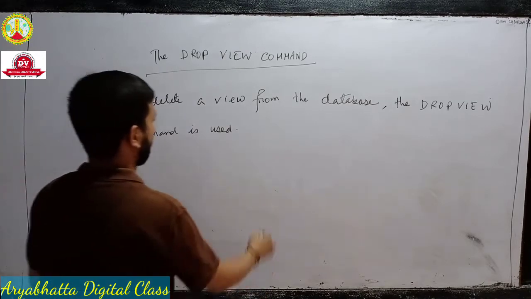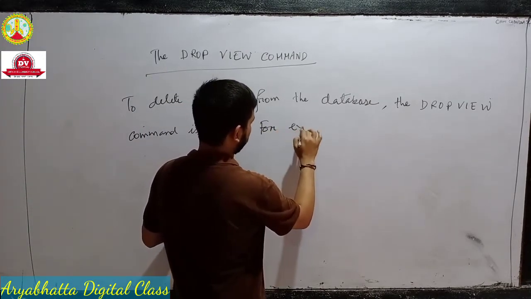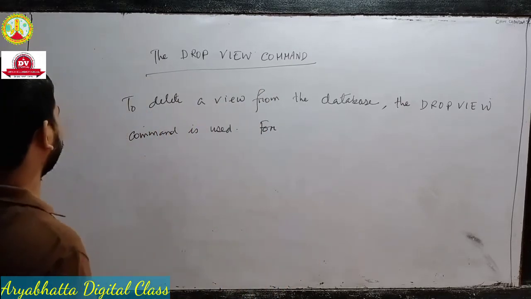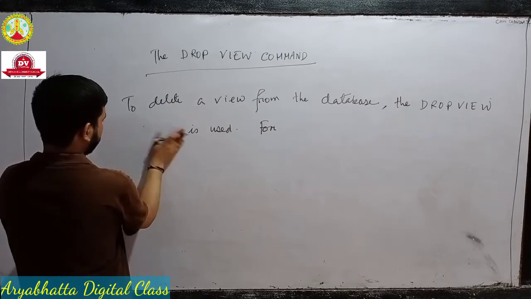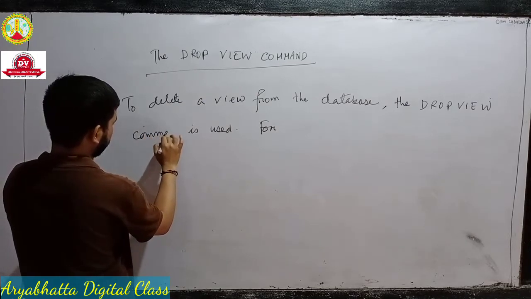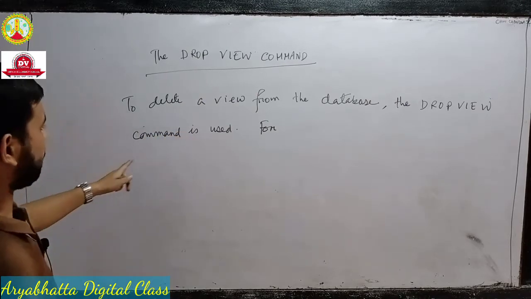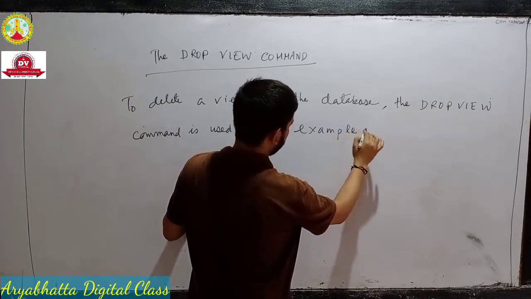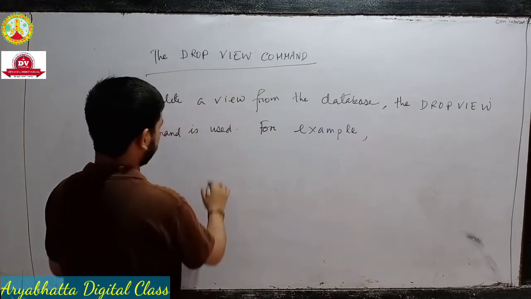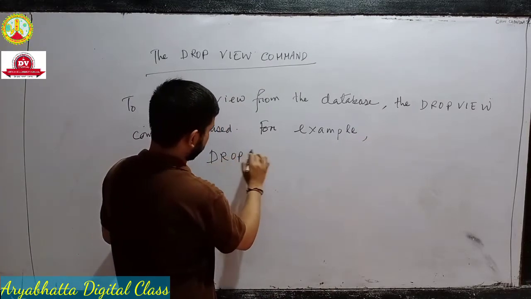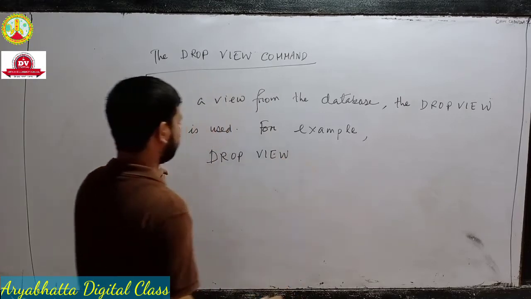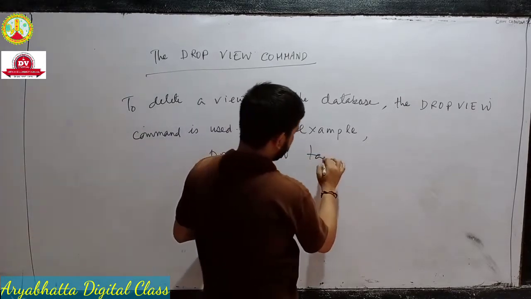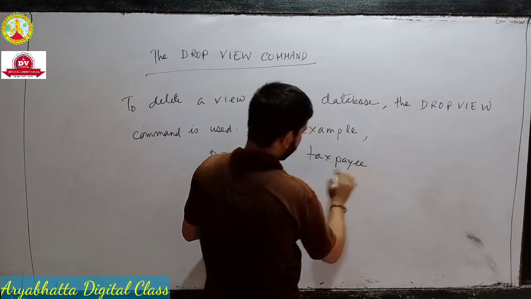For example, drop view tax pay. Take a tax page, a partial table. Tax pay is a partial table.